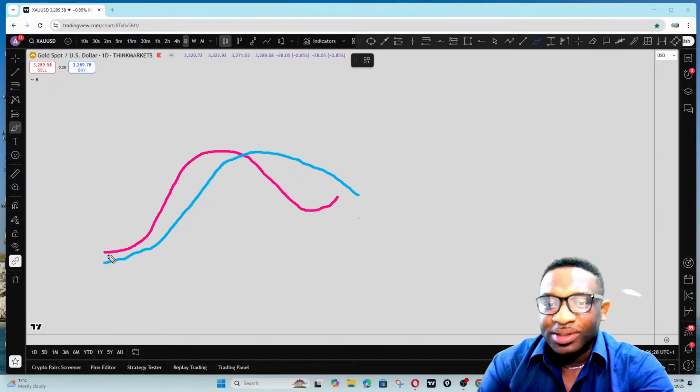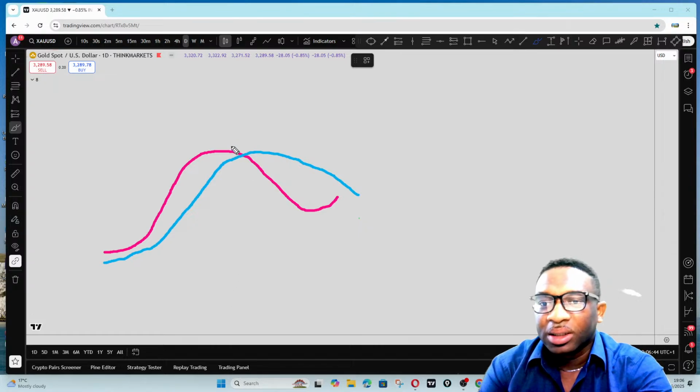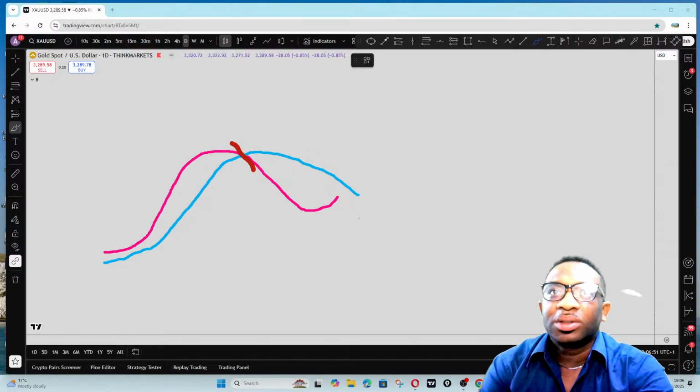So let's say, for instance, price has traded up to this higher state, or this Y state, and it's currently making its way below the 20 moving average. Let me change this a bit.